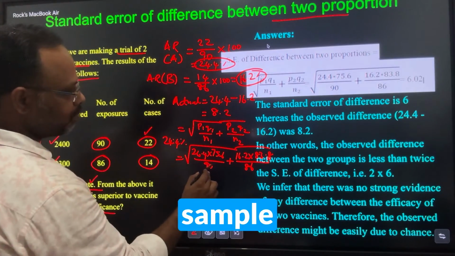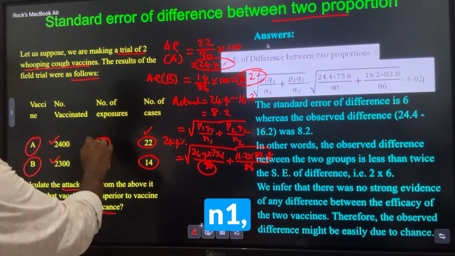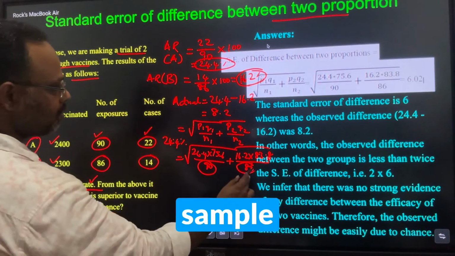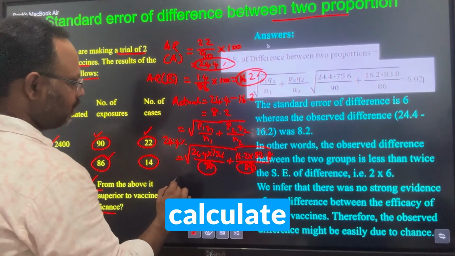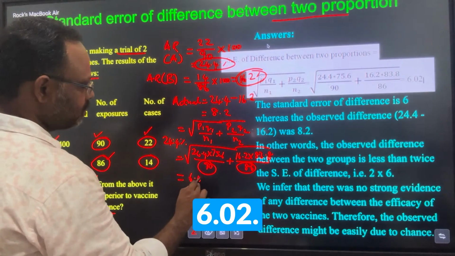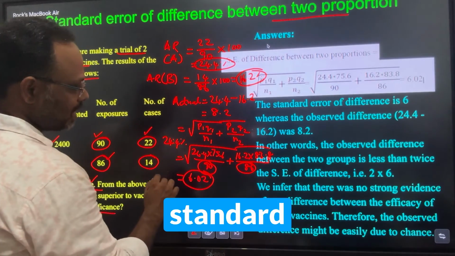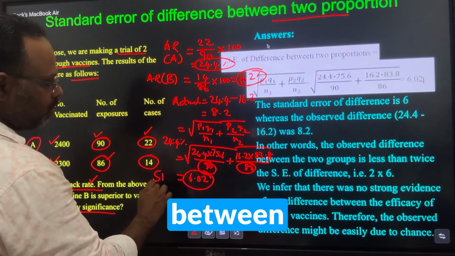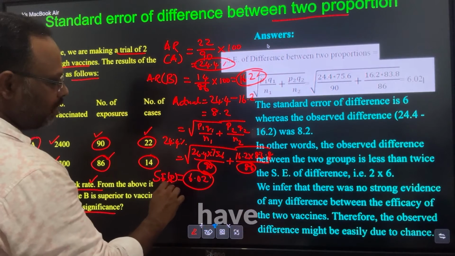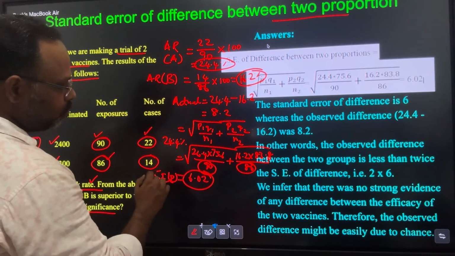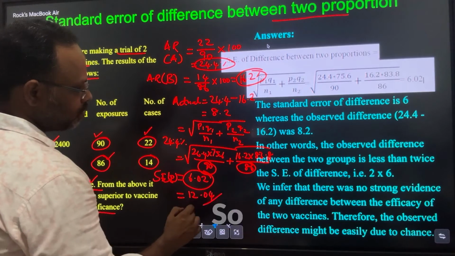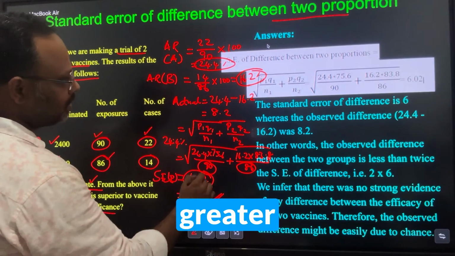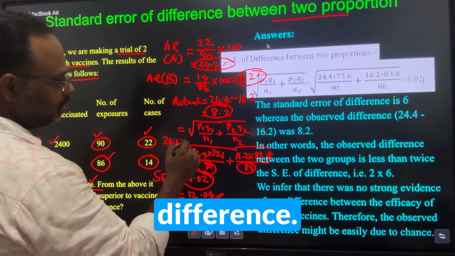Here 90 is the sample size N1 and 86 is the sample size for group B. If we calculate this, we get 6.02. So this is the standard error of difference between two proportions. Two times the standard error will be 12.04. So this is greater than the actual difference.